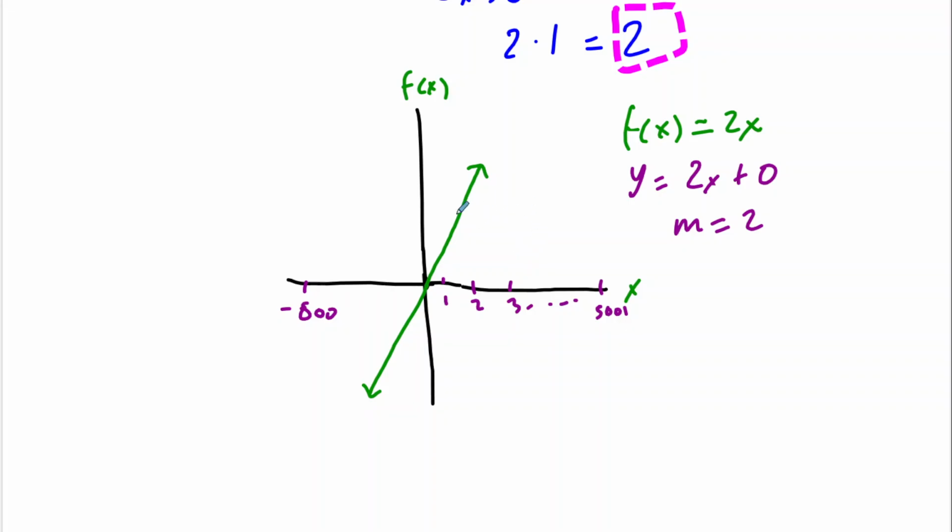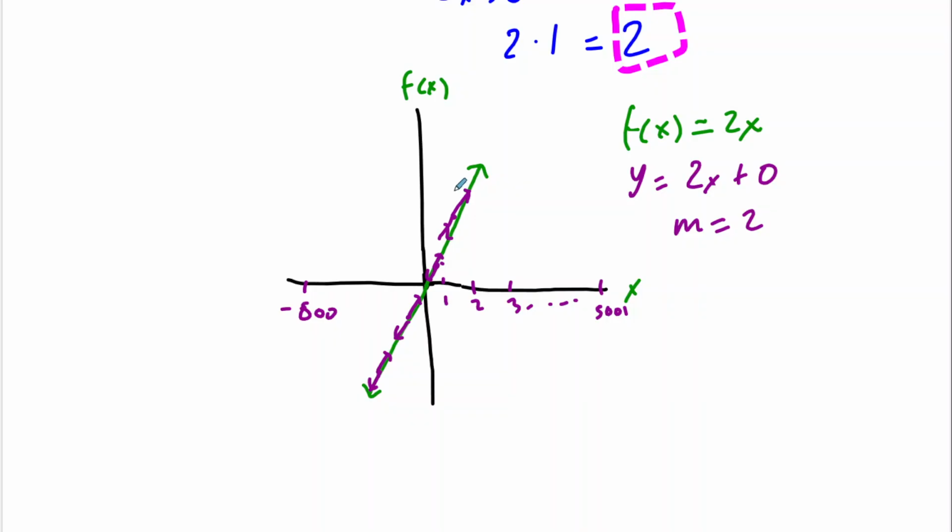The slope of y equals f of x equals 2x is always 2. So at any point, the slope will always be 2. So don't overthink it. This shows again that it works: at any x value, the slope is going to be 2.